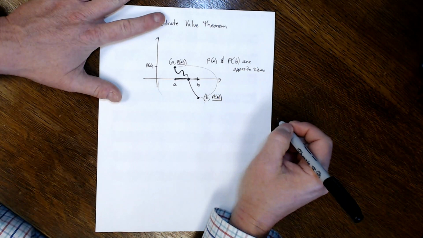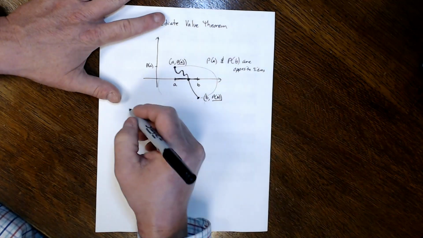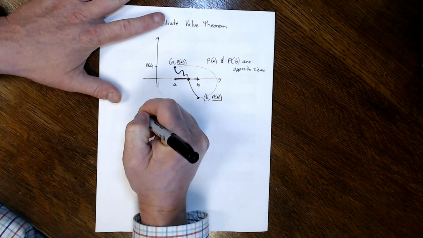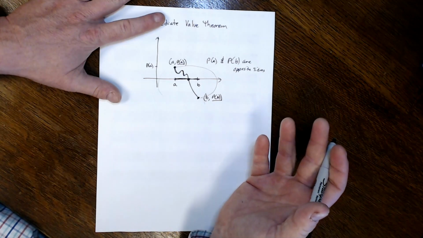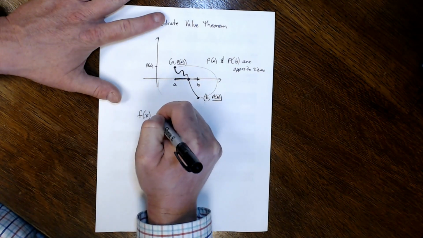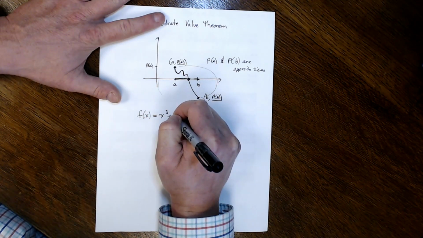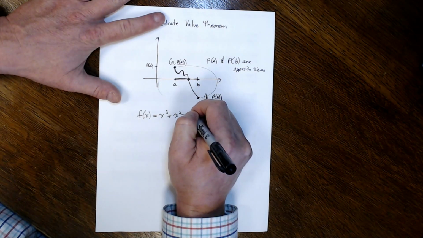Now, the way that we actually apply it when we look at functions is we just plug in the numbers to see if you get a positive answer and a negative answer. Let's look at an example where f of x is equal to x cubed plus x squared minus 6x.